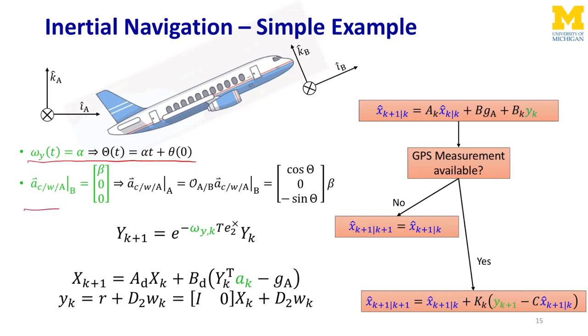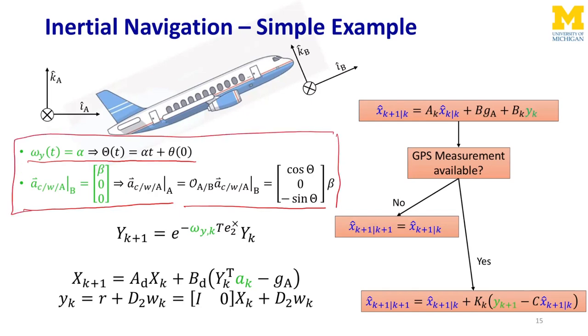I'm also going to assume that the acceleration is along the i_B axis in the body-fixed frame. You've seen that this ends up giving me this as the acceleration in the A frame. But anyways, this is not used in the Kalman filter application. These two equations are only used to construct the true solution, which allows us to see the errors. Anyways, so we have Poisson's equation exactly as before.